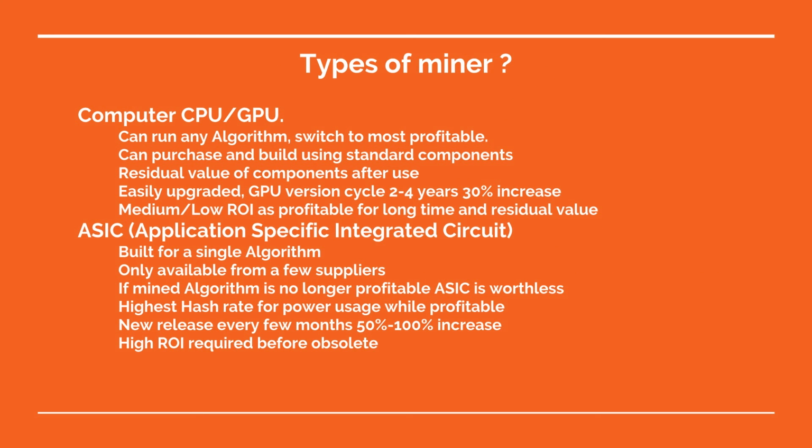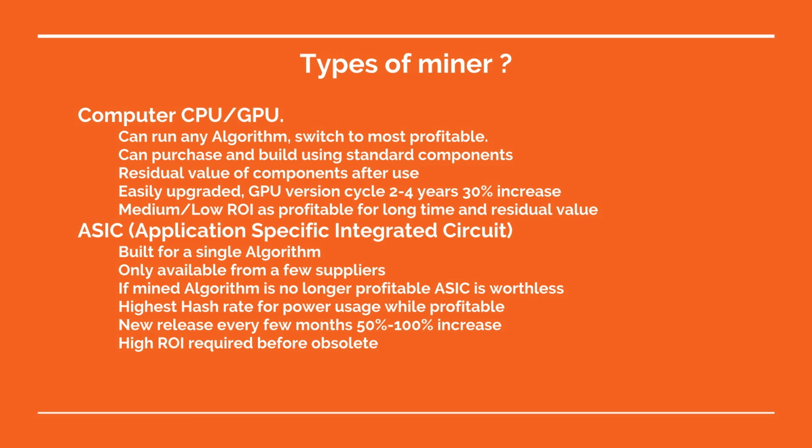There are different types of miner used in cryptocurrency for different reasons, and each has its own set of advantages and disadvantages. Most mining started with the basic computer using its CPU and its graphics card, its GPU, to run the various algorithms and start off the blockchain.